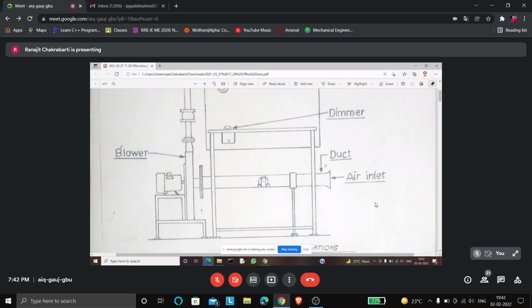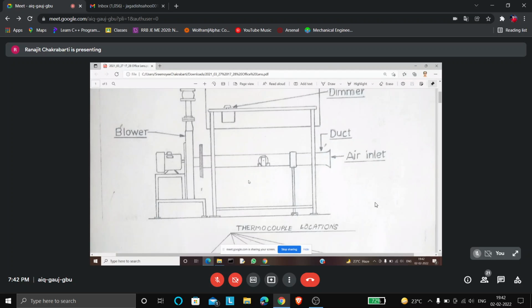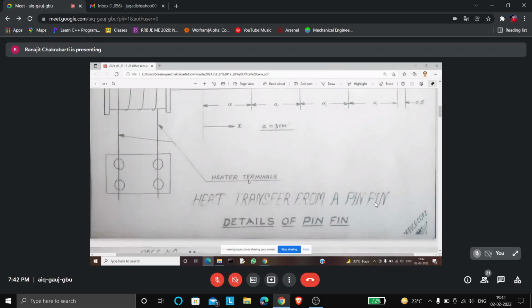So by rotating this, we allow just the desired voltage to come onto the heater, which may be 80 volts or 100 volts. That is called a dimmerstat. So that is the experimental setup which we have explained.